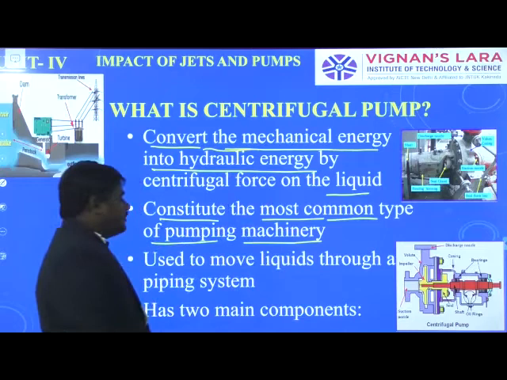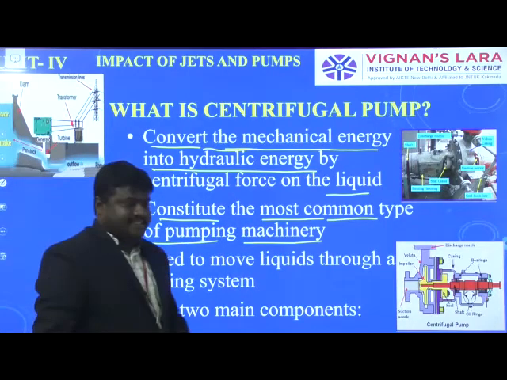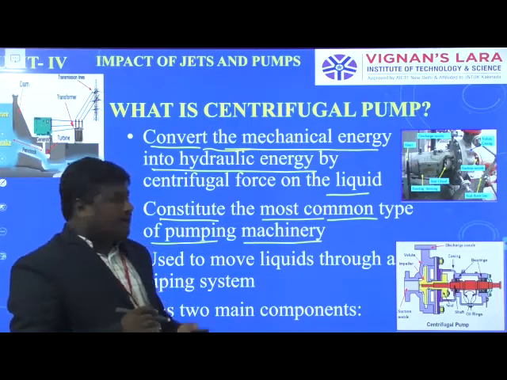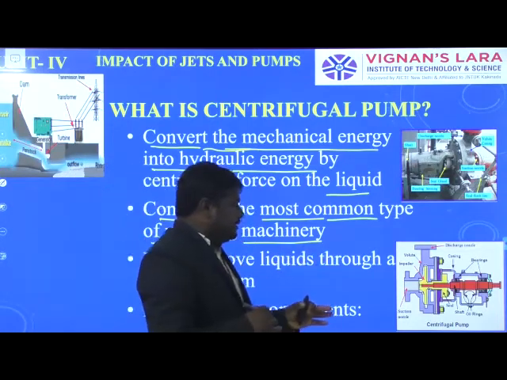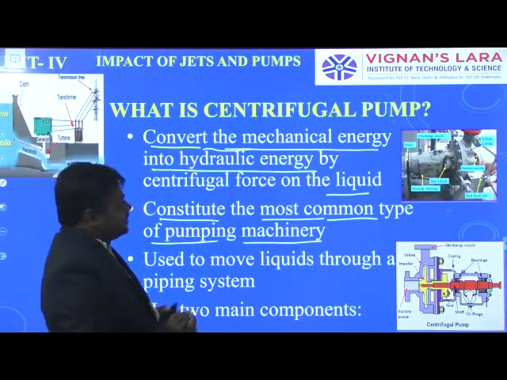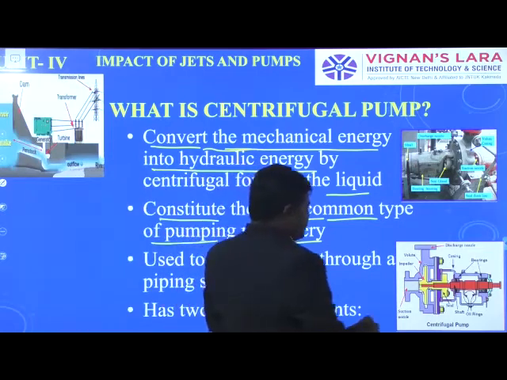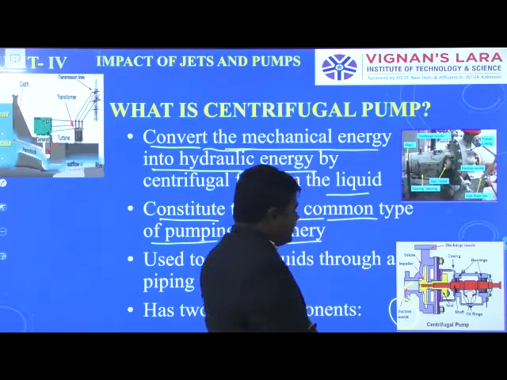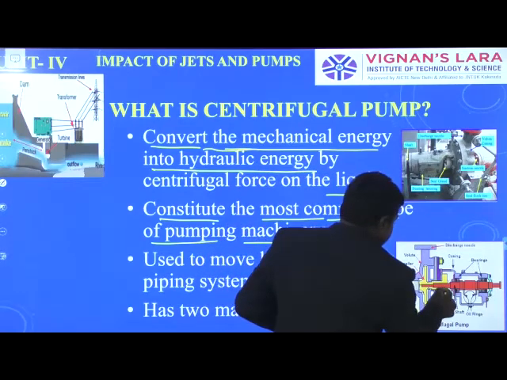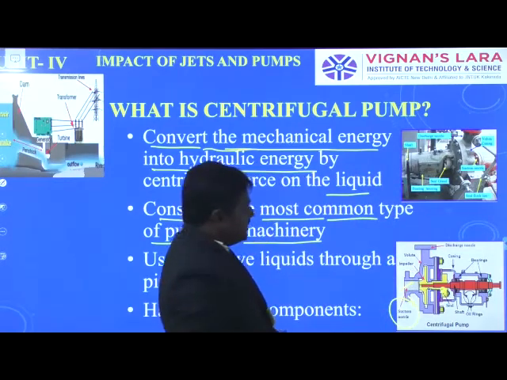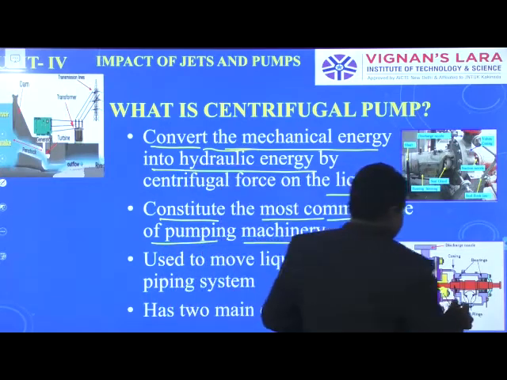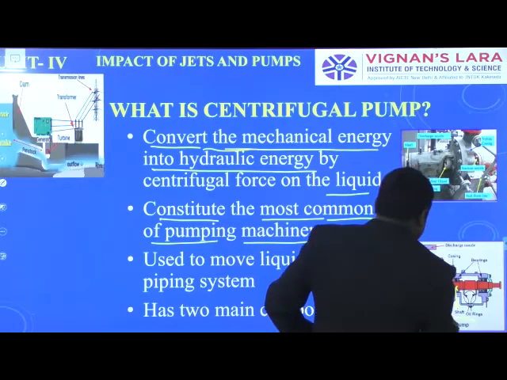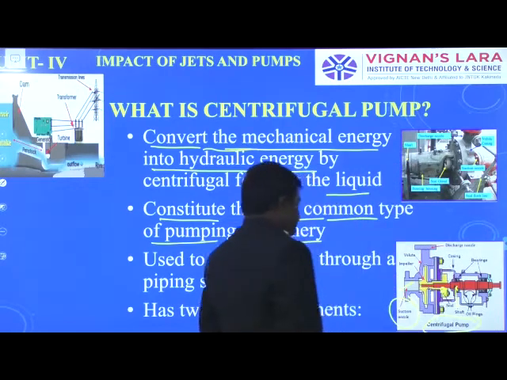If you take a water pumping system, or any oil pumping system, see here, this is the suction nozzle, and the seal, the yellow color represents the seal, and the shaft oil rings. This is the totally centrifugal pump.